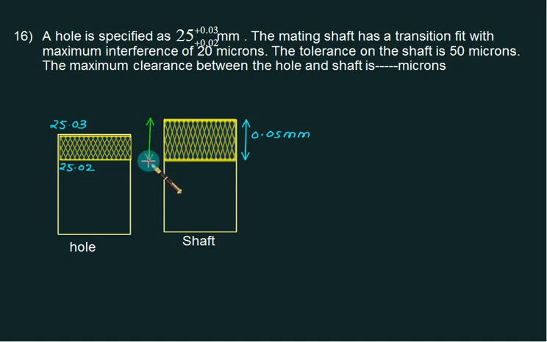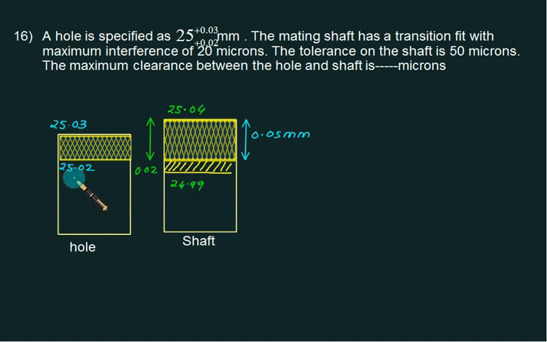So this value is 20 micron, that is 0.02 mm. Therefore 25.02 plus 0.02 will be the maximum size of the shaft, 25.04, and 25.04 minus 0.05 is 24.99. So actually this dimension should be a little bit lower. So now the figure is correct, 24.99.